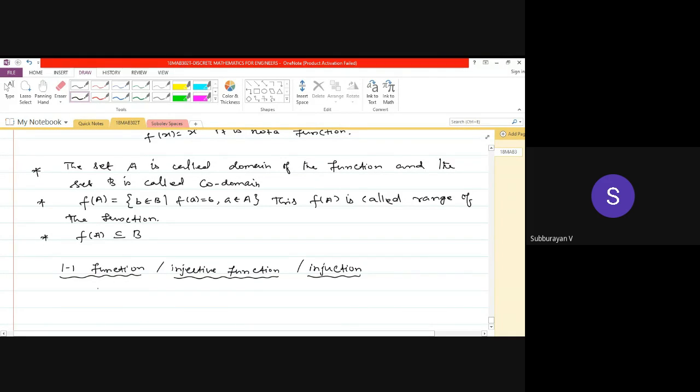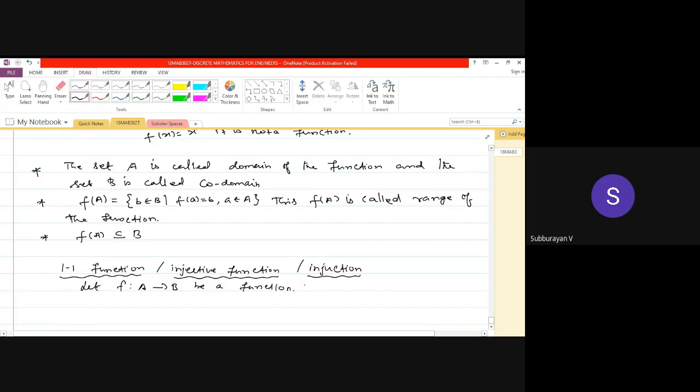Let f from A to B be a function. But first of all, it should be a function. If you want to define a 1-to-1 function, a relation from A to B, that should be a function. That means that should satisfy the above 2 conditions.